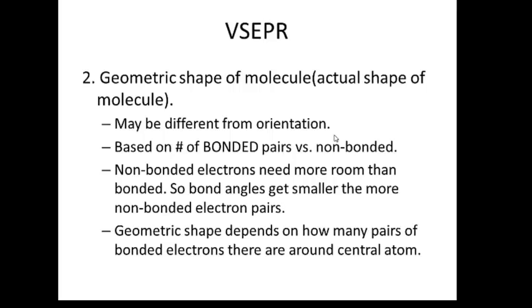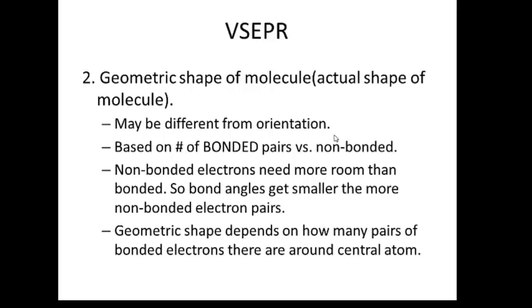Non-bonded electrons need more room than bonded. Lone pairs need more room, so they squeeze the remaining bonds closer to each other, so the bond angles between the remaining bonds get smaller when there are lone pairs around the central atom.